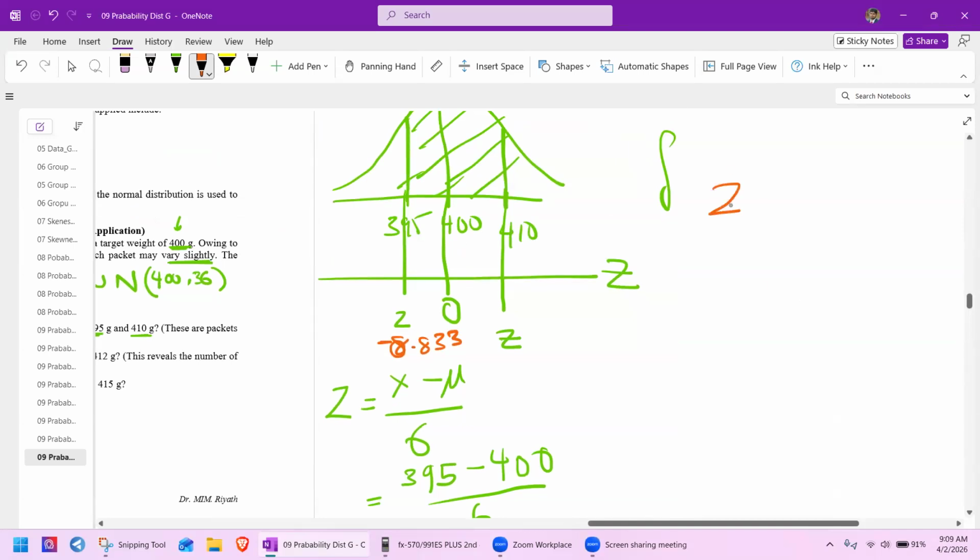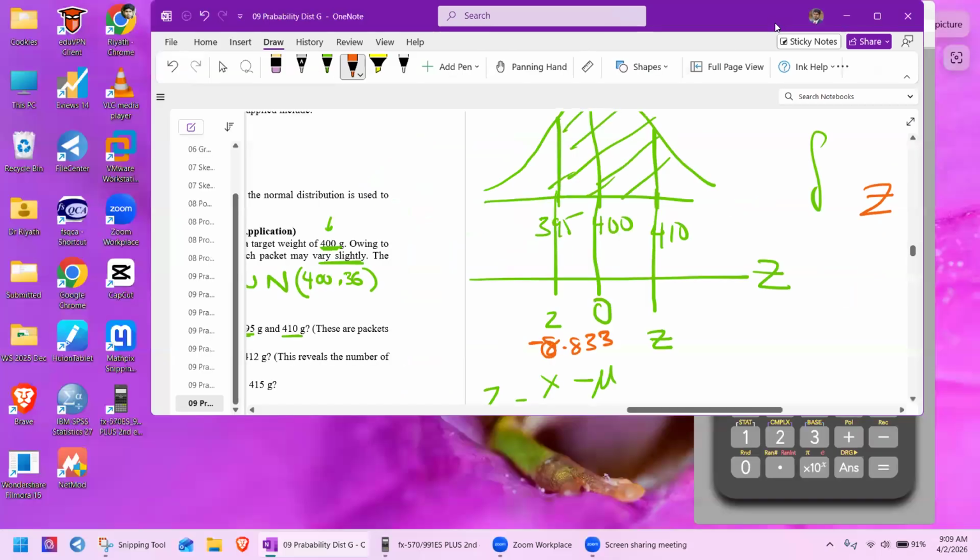So Z equals 410 minus its mean 400, divided by the standard deviation 6. Here it is 10 over 6. Then what's the value? 1.66.